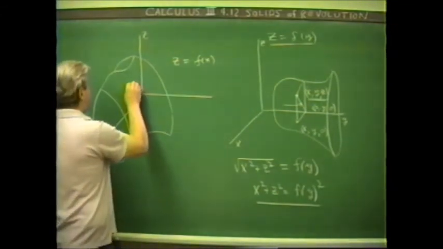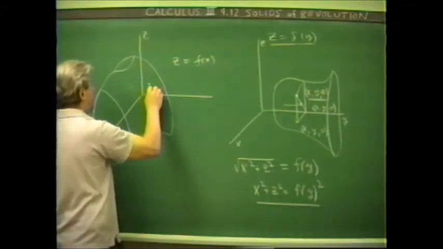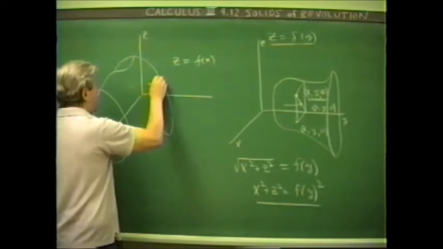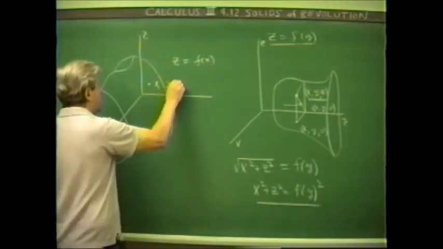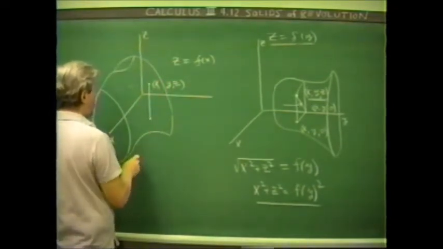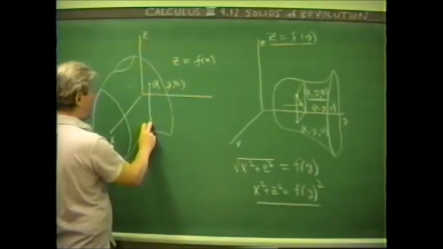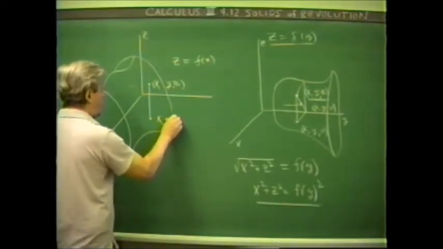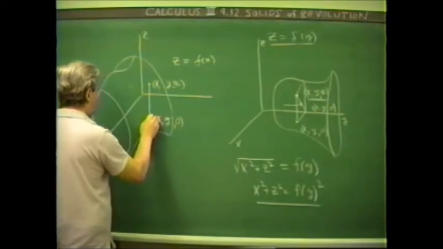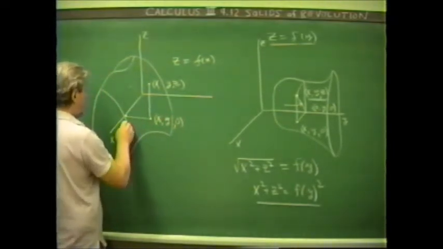Well, what does it take for a point, let's say here, to get on this surface? Well, this is the point x, y, z. And this point down here is the point, what? Where z is 0, so it's x, y, 0. And this point over here is the point x, 0, 0.